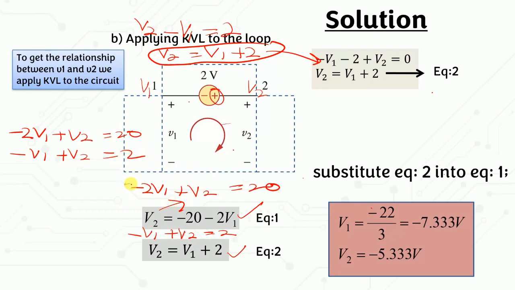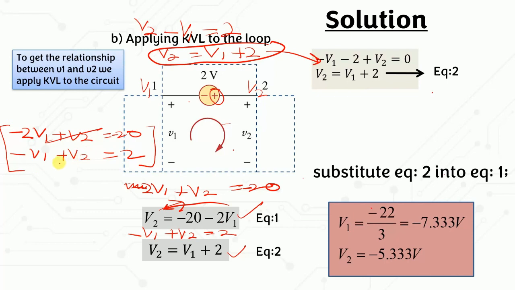I think this one's gonna be positive, right? When you bring this one here, just make it negative 20 here. V2 plus 2V1 minus negative 20. Alright, so here gonna be negative 20. Alright, so you can just do using the elimination method.